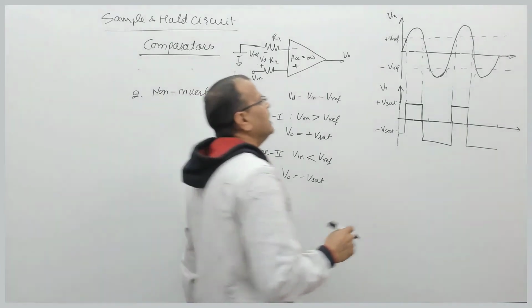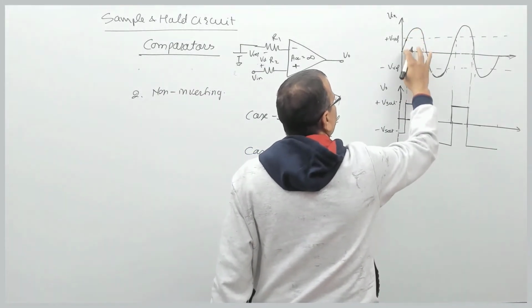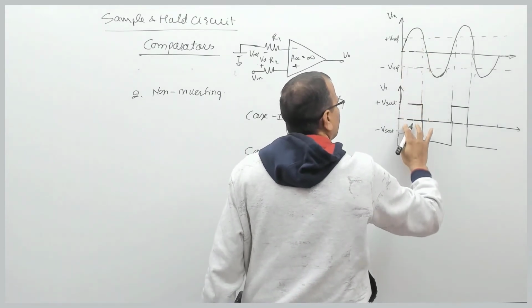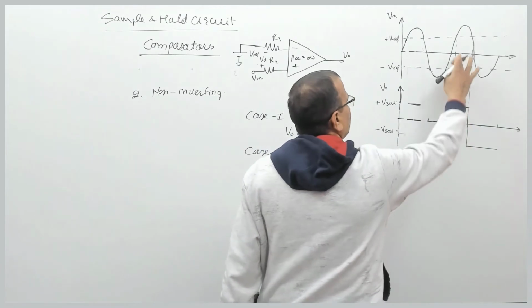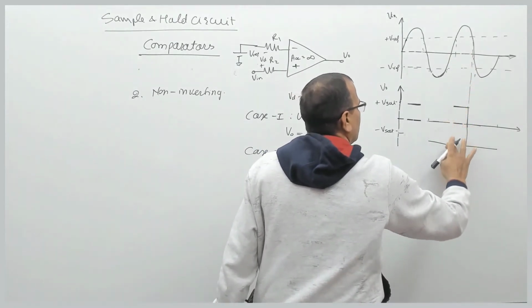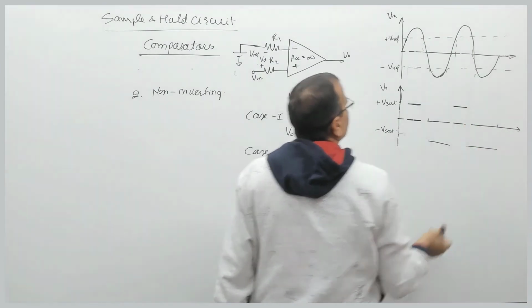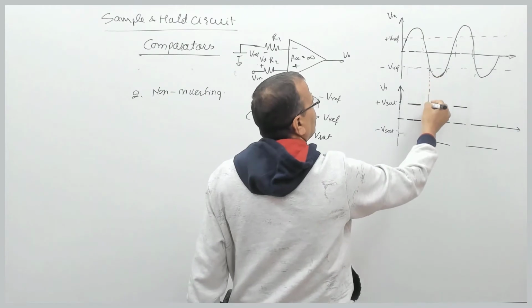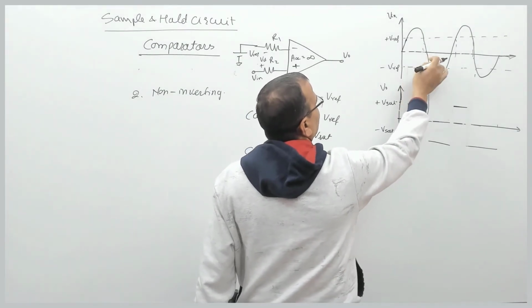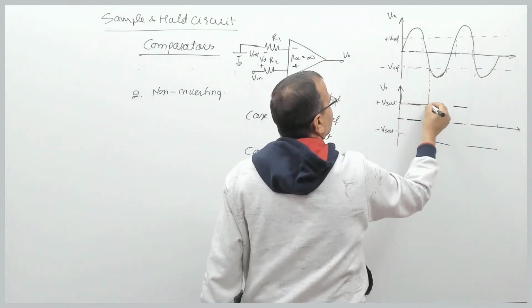Now, interestingly, what I do now is change the reference to negative. Let us change the reference to a negative voltage, right? So what will happen to the waveform at the output of the circuit? When you change the reference, from here to here, input voltage is more than Vref, it is above, so output is plus Vsat.